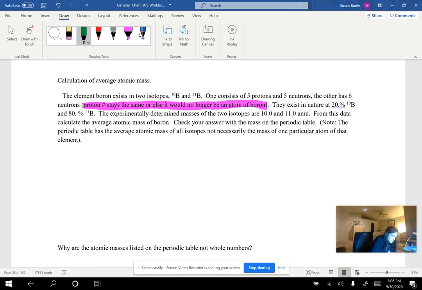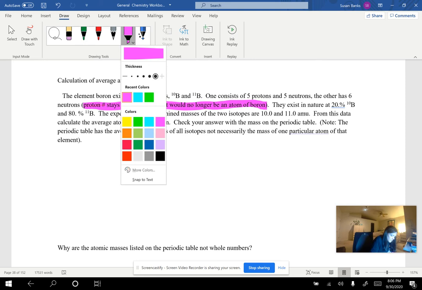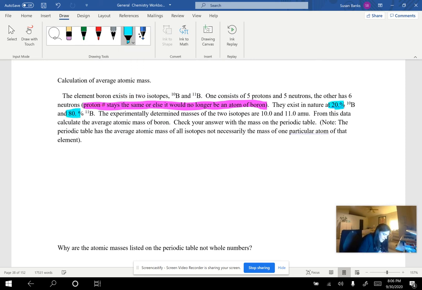So I'm going to do something that you probably haven't done for quite a while. I'm going to take these percentages and make them decimals. Or in other words, I'm going to make them probabilities. So 20% as a decimal is really 0.20, right? And 80% as a decimal is really 0.80.